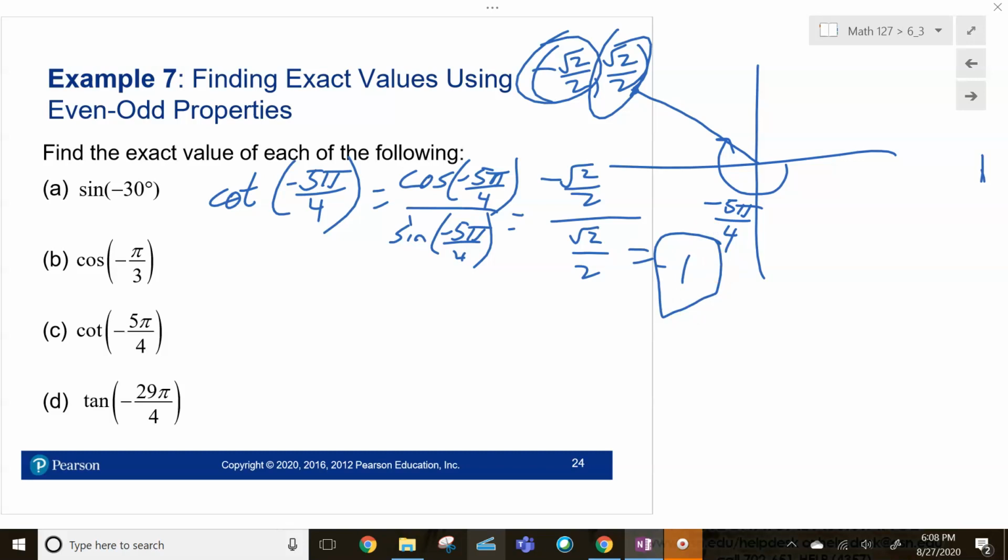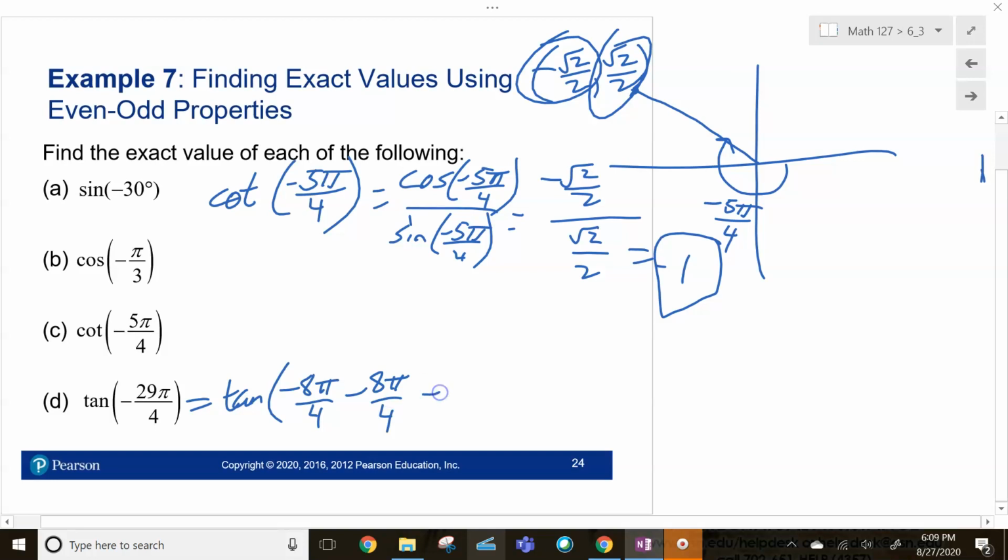Last one, tangent of negative 29 pi over 4. Oh my goodness. Well, that's one time around. There's negative 2 pi, there's 2 pi, another revolution around. So that's negative 16 pi over 4. I could go again. There's 3 times around, negative 24 pi over 4. There we go. Negative 24 minus 5, negative 29 pi over 4.